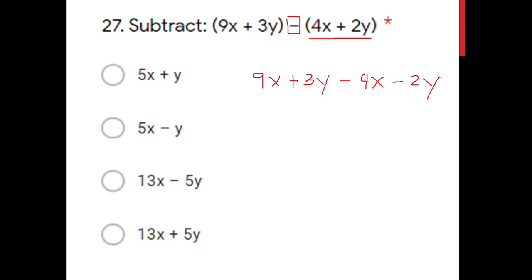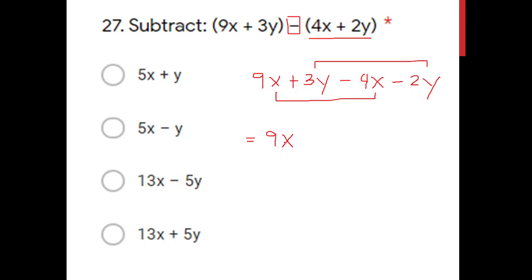And from here, we can combine similar terms. We can combine this one and that one. Or, to make it easier, you can just rearrange this one. So you have 9x. Make sure that when you rearrange this one, the sign of each term will not change. The sign of each term is located at the left side of the term.